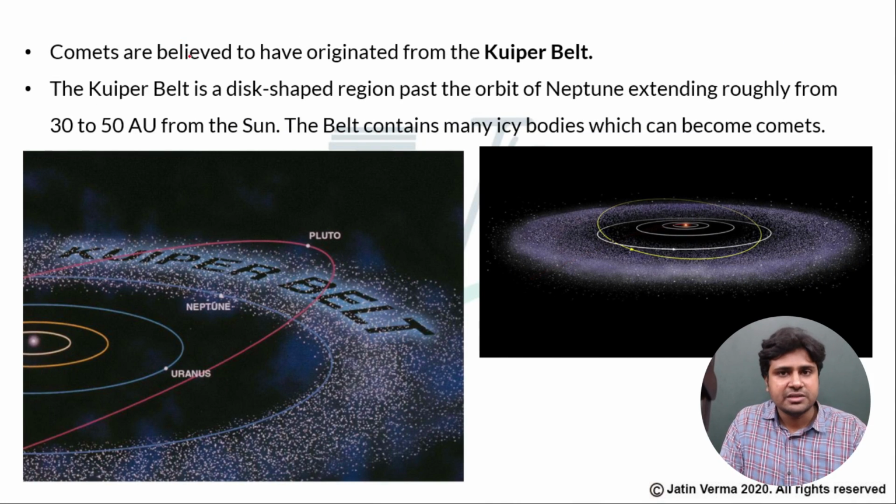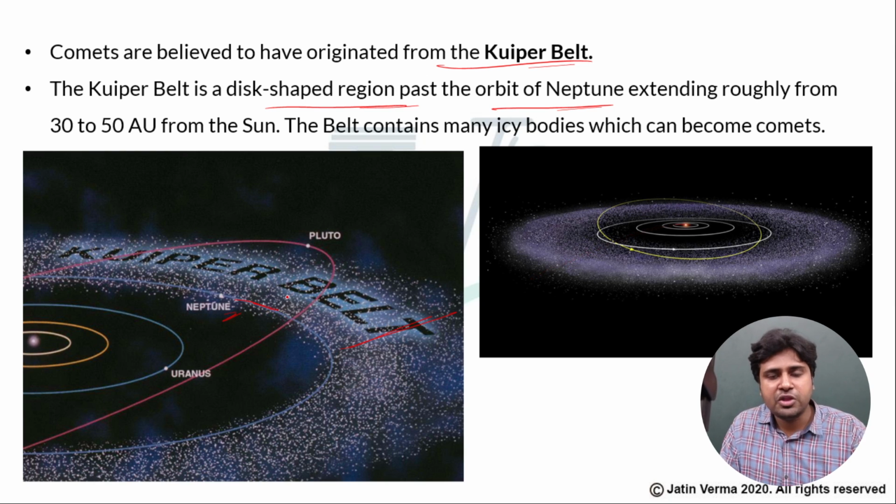Now, scientists say that comets have originated from the Kuiper Belt. So what is Kuiper Belt? So this is Kuiper Belt. Okay? Kuiper Belt is a disc-shaped region past the orbit of Neptune. So this is the orbit of Neptune. So beyond the orbit of Neptune, there is a disc-shaped region that is made up of rocks.